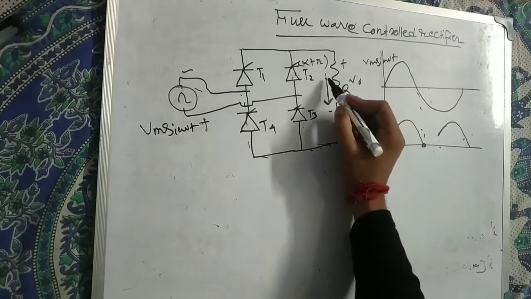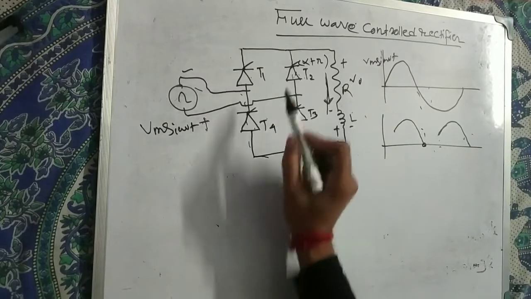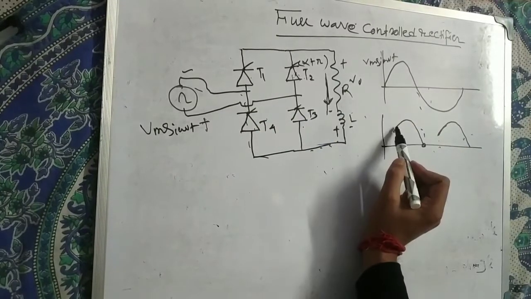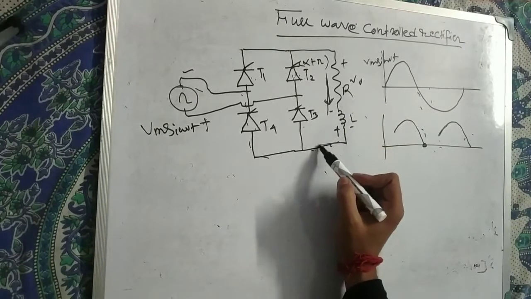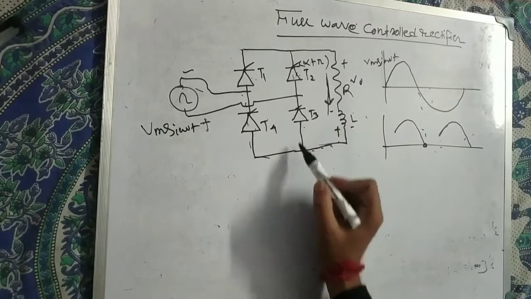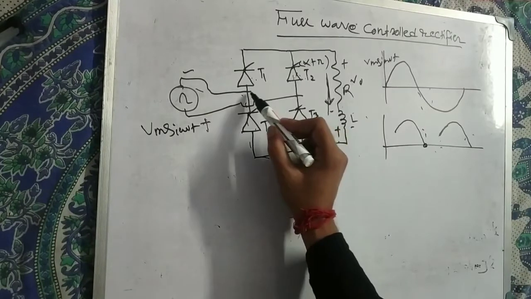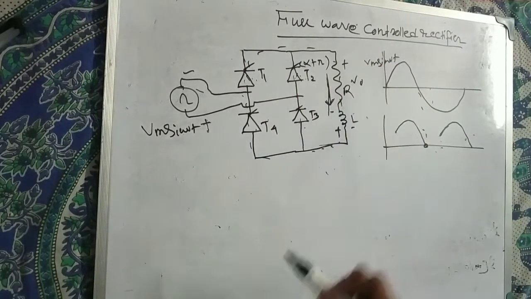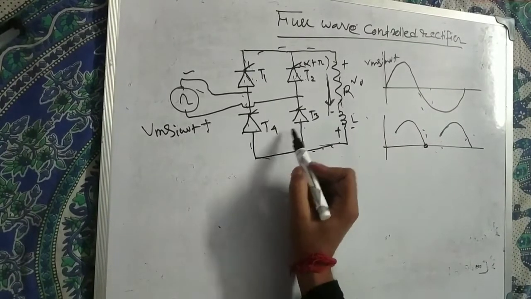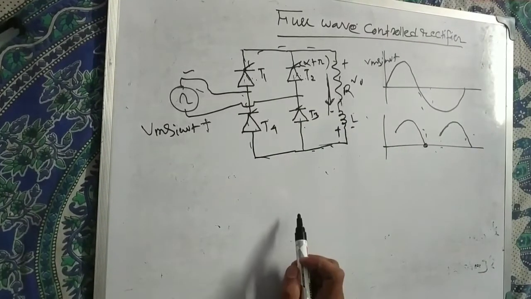Forcing the current in the same direction means that, since T1 and T3 were on in the previous cycle, the current will flow through T1 and T3 and return.